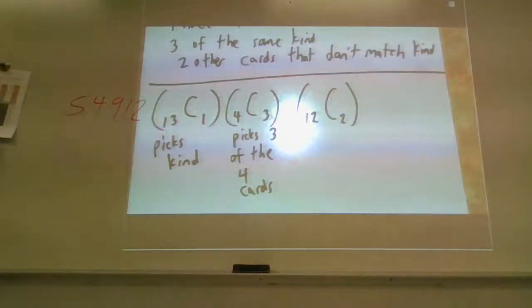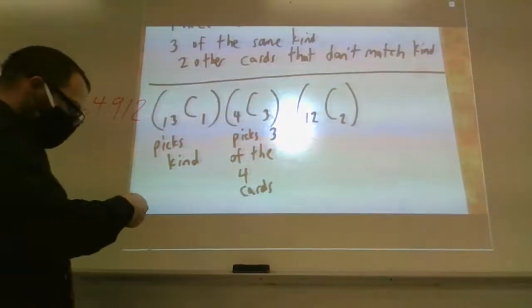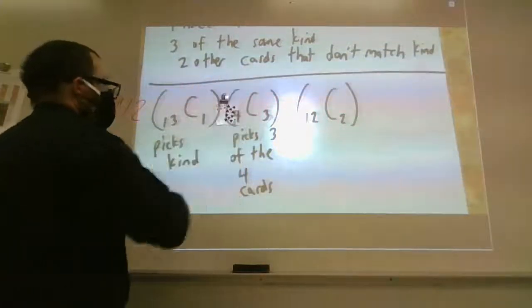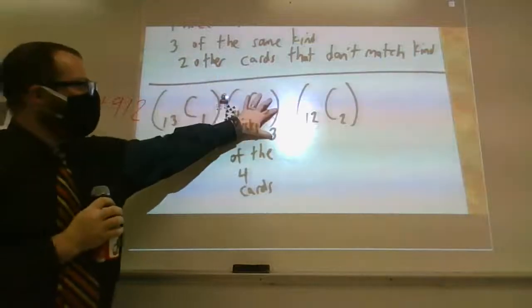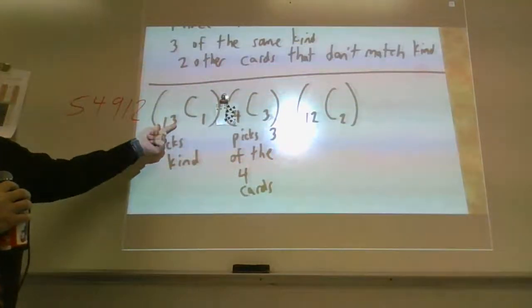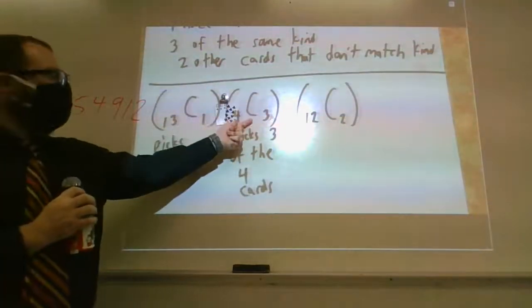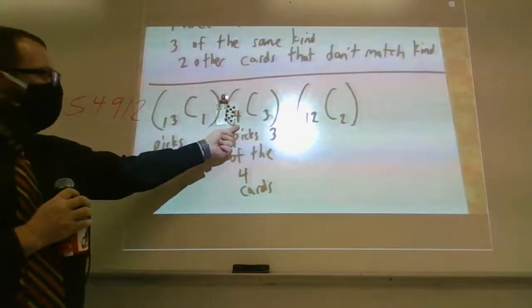So for example, if I chose these 3 10s right here, those 3 10s were chosen using these 2 combinations, picking the kind of card that we were going to get and picking 3 of the 4 cards.